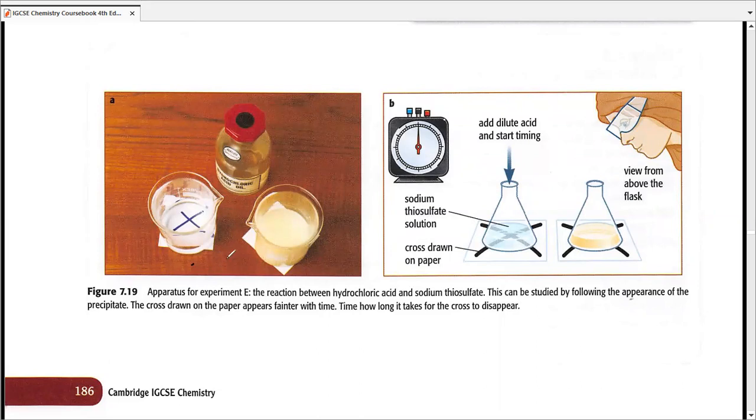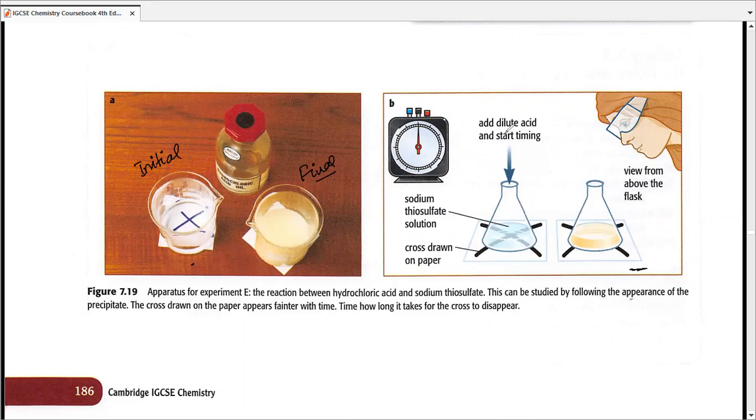This is the initial step of the reaction. In the final step, you see that the precipitate has settled down at the bottom, making the whole solution opaque, so we can't see through, and we obviously cannot see the cross line below it. The same thing is shown over here in a proper elaborative diagram.